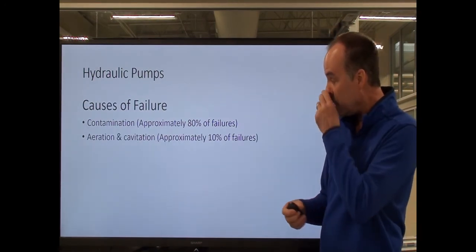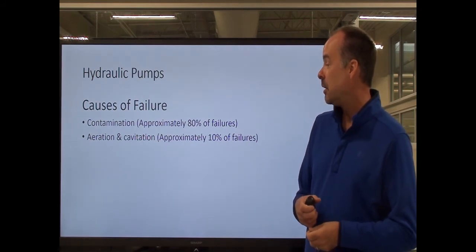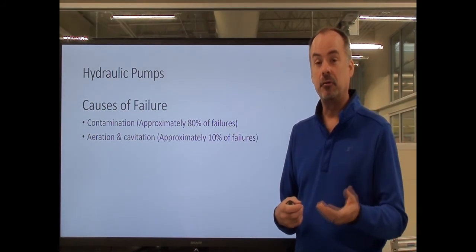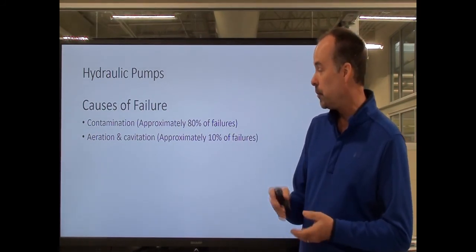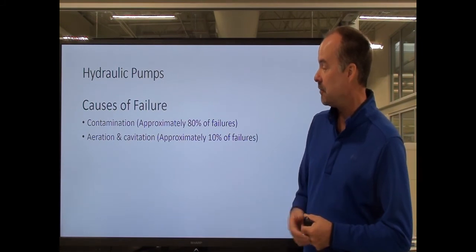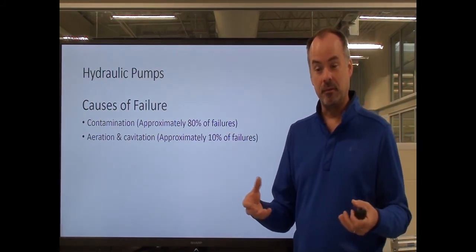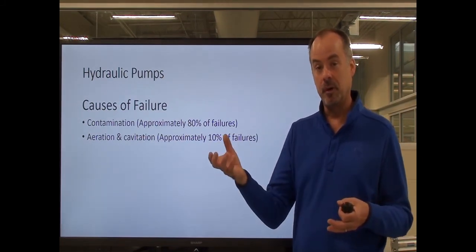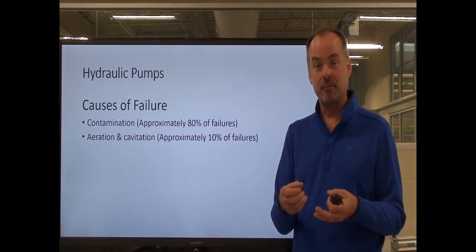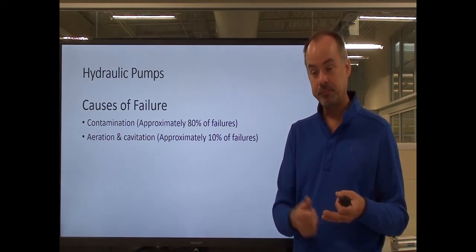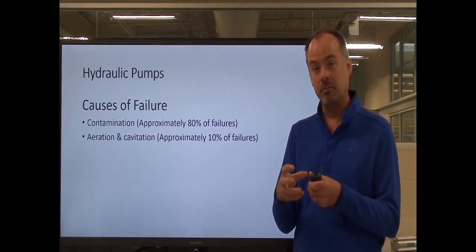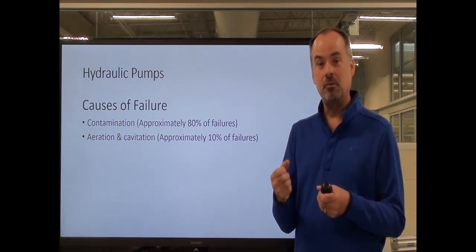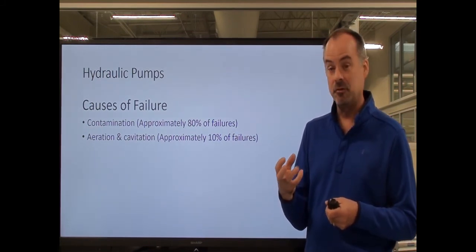So contamination is probably one of the worst things you can do to a pump. Another type of failure is aeration and cavitation. Basically, in both of these you're introducing air into the fluid stream, into the oil. The difference between aeration and cavitation is that aeration is on the suction side of the pump, where you're drawing fluid out of the reservoir into the pump. You could have a leak there that allows air into the stream, and as the air comes into the pump and gets compressed under high pressures, the air bubbles implode and cause a shock wave inside the pump and damage it.